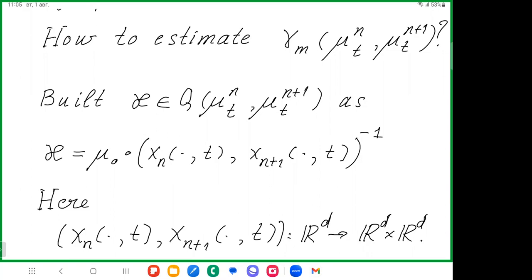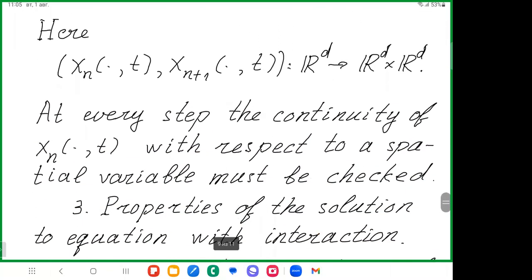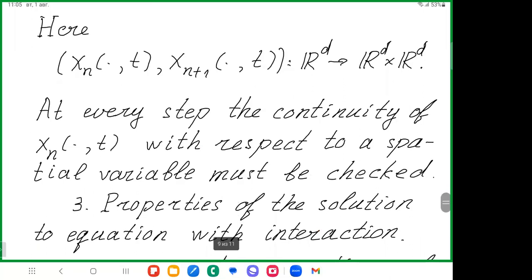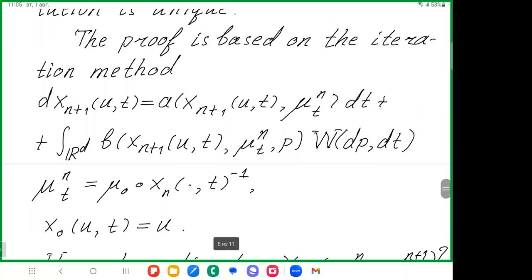Also, another new technical moment is present here. And this technical moment is related even to the definition of our iterations. Why? Because you see here mu tn equals the image of mu0 under xn at time t.